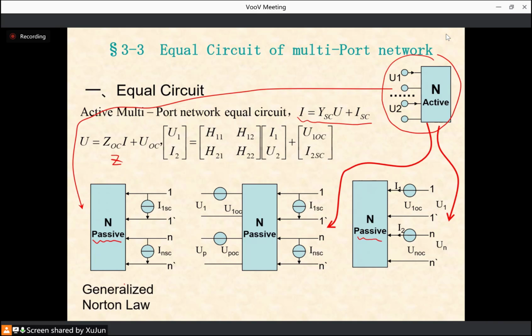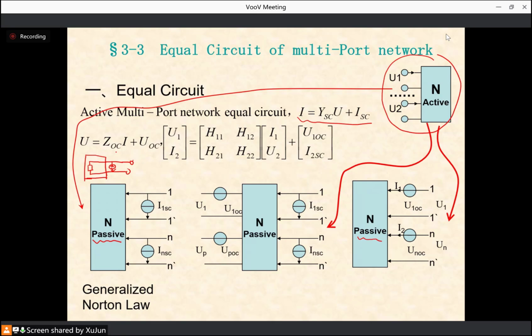This figure is a generalized Norton's law. For the common Norton's law, any one-port network equals a current source connected in parallel with a resistor.